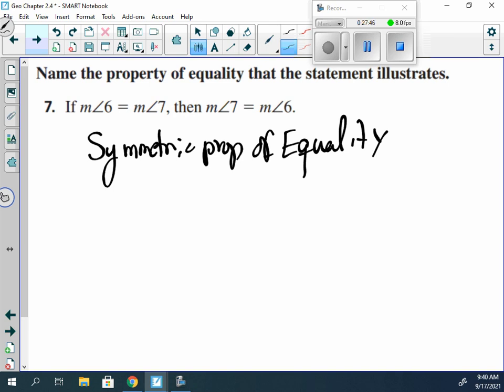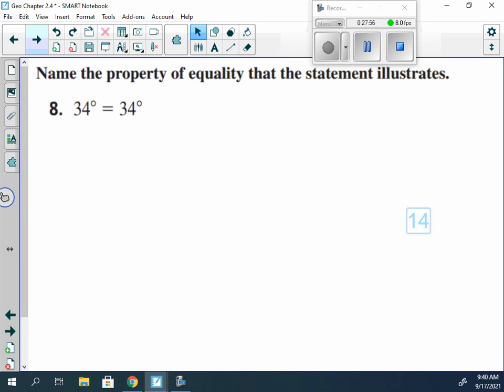I really could have just put these all on the same page. Questions on this here? 34 degrees is equal to 34 degrees.